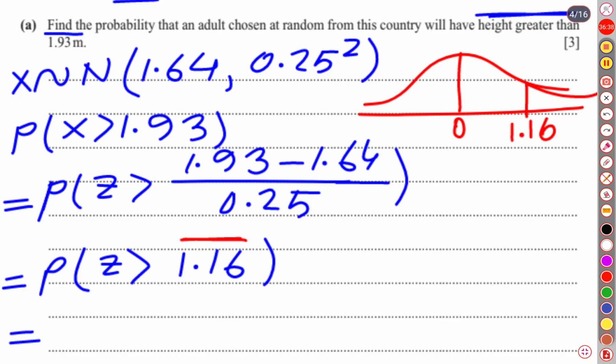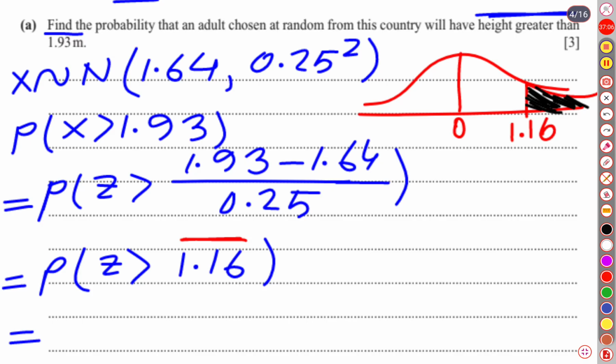This is the probability to be obtained. But each probability given in the normal distribution table is greater than 0.5, so this part must be less, the lesser portion.